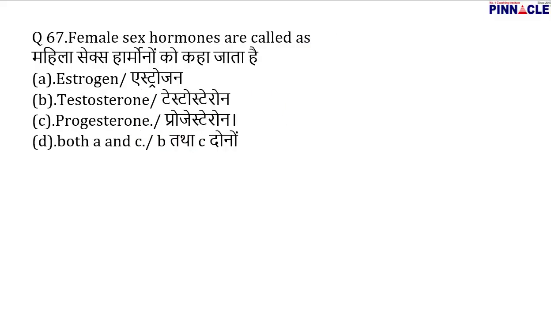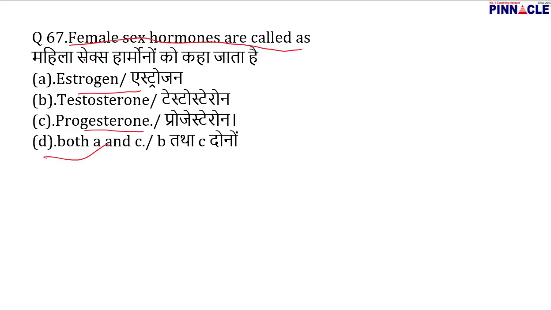Now moving to question number 67. Question number 67 is a very simple question, and we have been asked that the female sex hormones are called what? The female sex hormones are called estrogen and progesterone. Since both of them are correct, option D, that is both A and C, is the correct option.